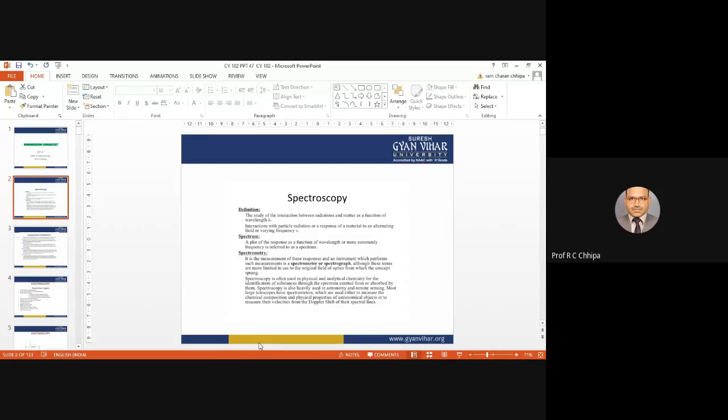Energy is equal to h nu, nu stands for the frequency. Here we also discuss the wave number. So the spectrum is the range of function of the wavelength, or more commonly frequency, and then spectrometry and spectrograph, where we can get the result with the help of a certain diagram later on.